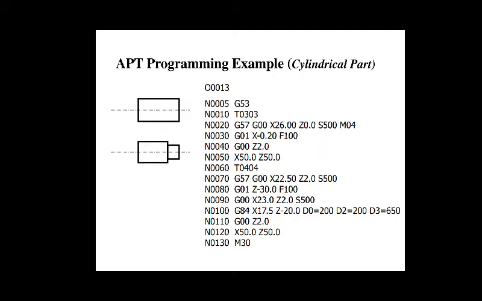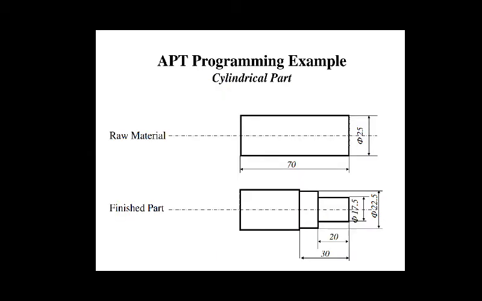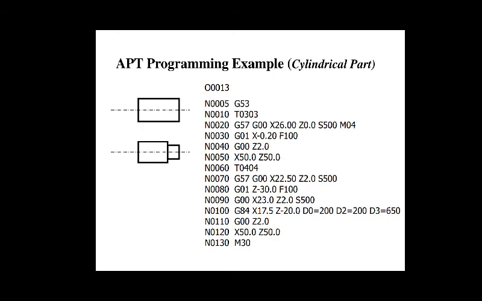Now let us see the next block, N0030. As we set the tool, now we are going to do the facing operation. G01 X minus 0.20 F100. As you can see, we set the tool over here.